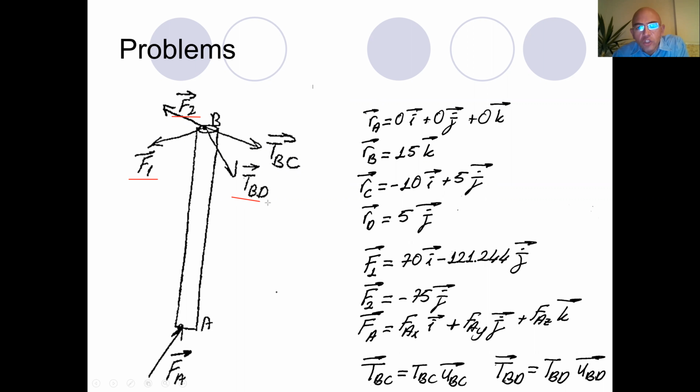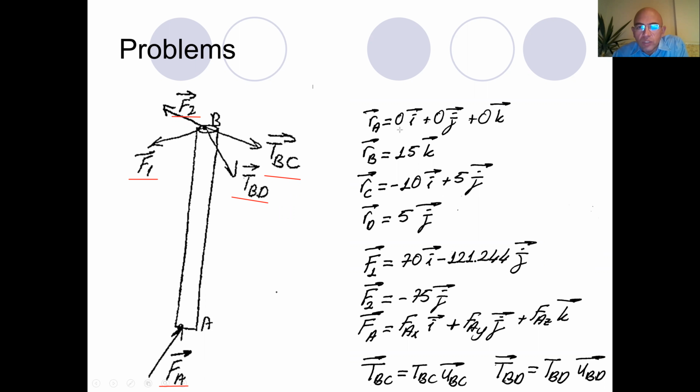Then I have the tension in the cable TBD and tension in the cable BC. Now, I don't have any moment at point A, so I have only the reaction force coming from the ground to the point A.